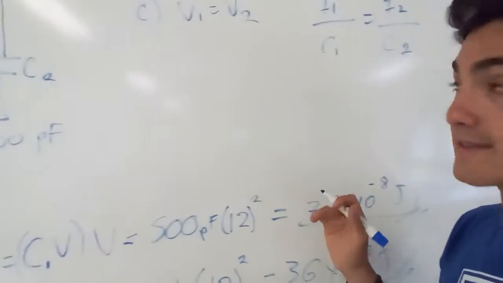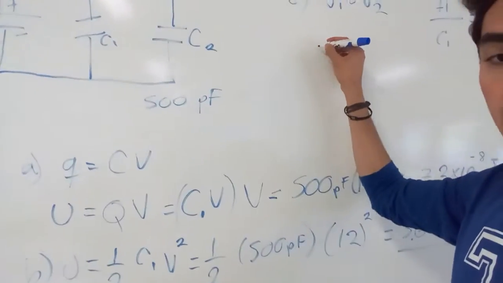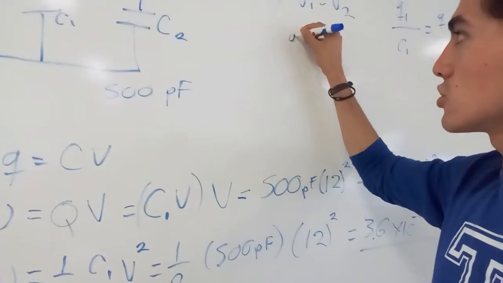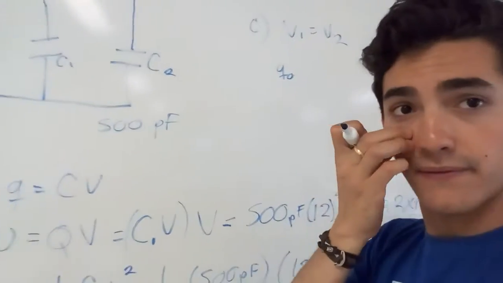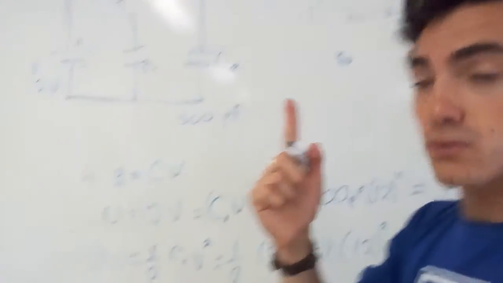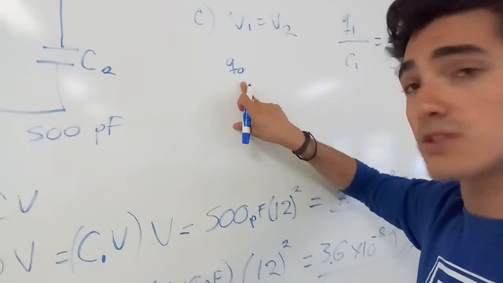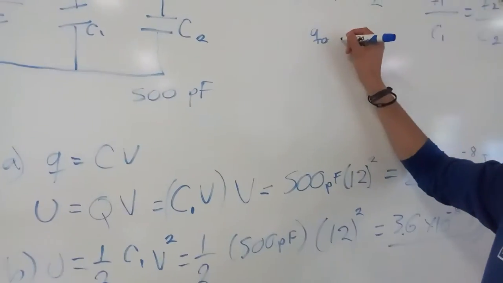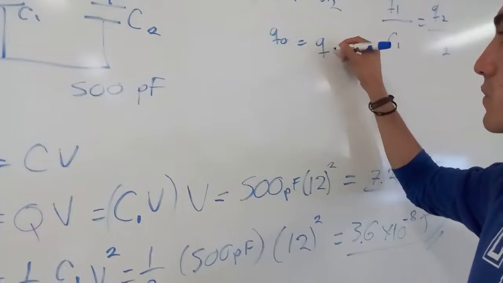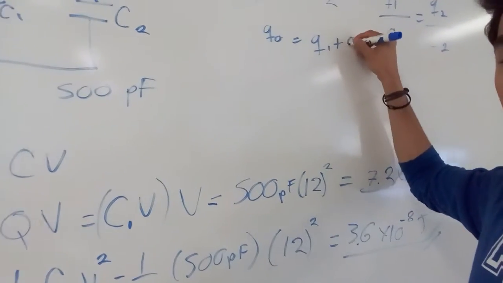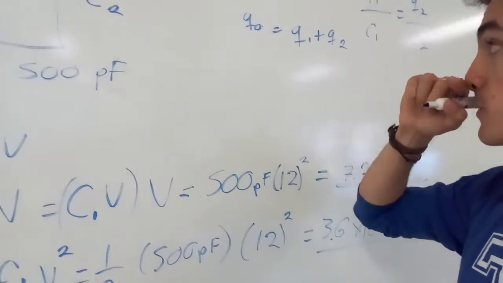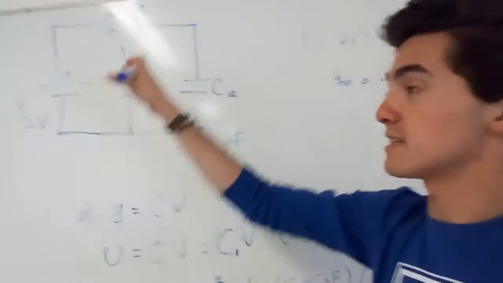Okay? And then if we want to obtain the original charge of the capacitance 1, we are going to write it like this, the charge 0. This will be equal to our charge 1 plus our charge 2, because now the system is connected.